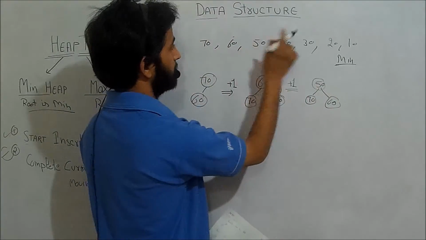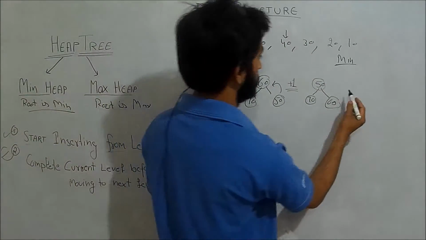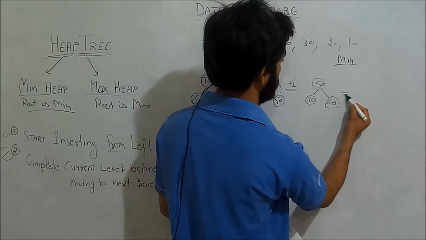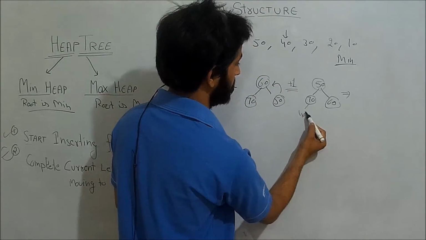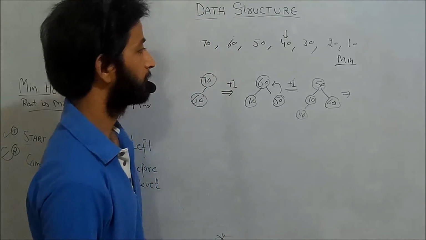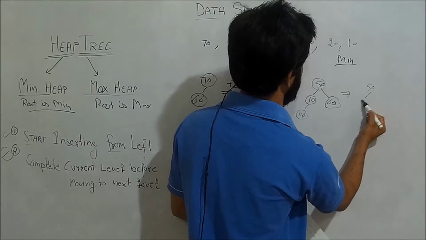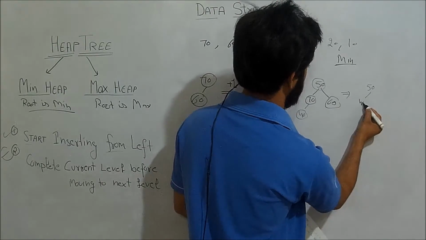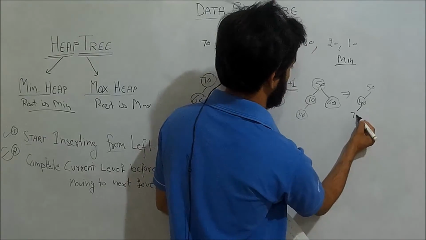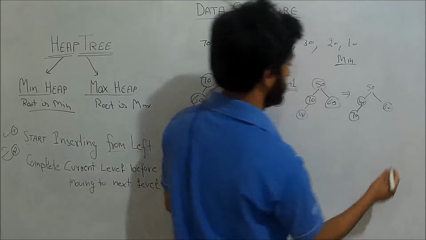Okay, so after 50 we have 40, so 40 will be inserted here, but we have to maintain the min heap, so I have to perform the interchange here. 50, then the 40 will come here, 70, then we have 60.